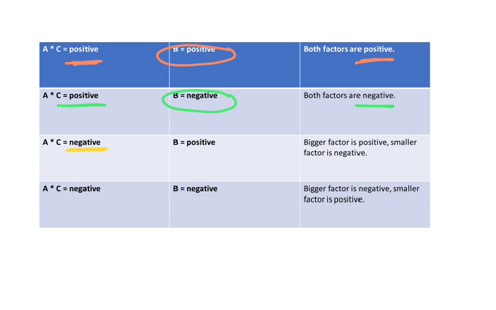If we multiply together and get a negative, and our middle term is positive, that means the bigger factor is positive, but your smaller factor is going to be negative. And with the last one, if you multiply to get a negative, and your middle term is negative, here your bigger factor is negative, but your smaller is positive.